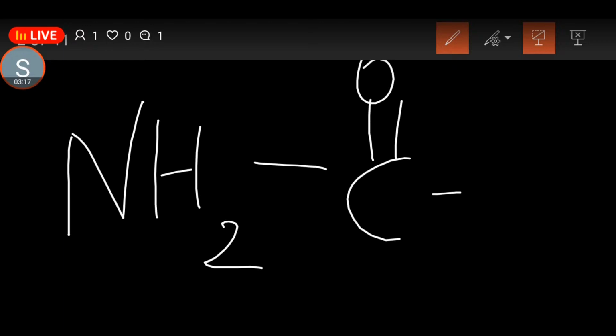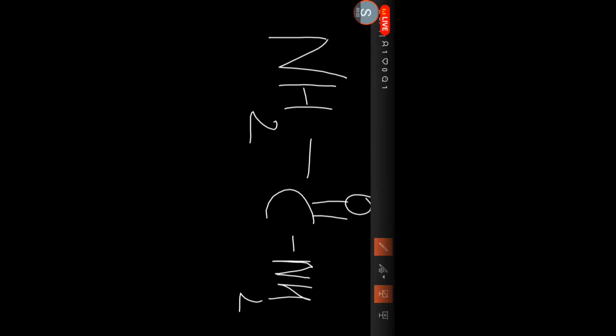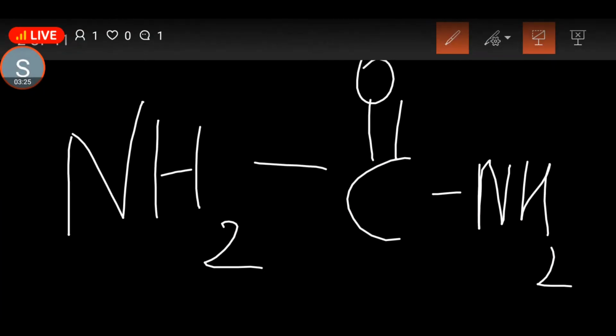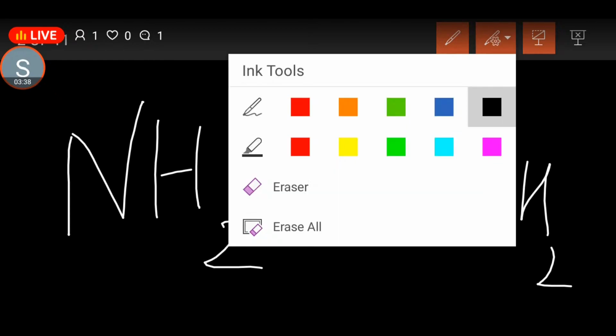NH2, a single bond, double bond O, a single bond NH2. This is the representation of the urea compound, and this was the compound prepared not using organic constituents.